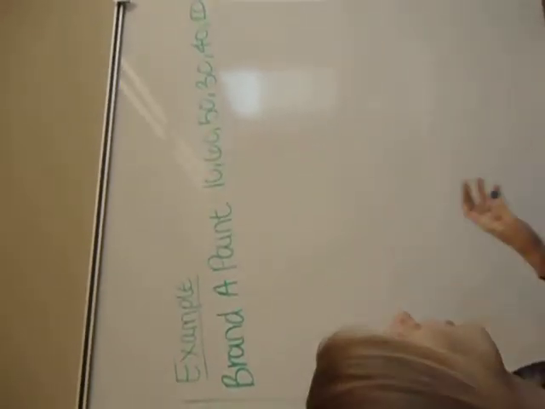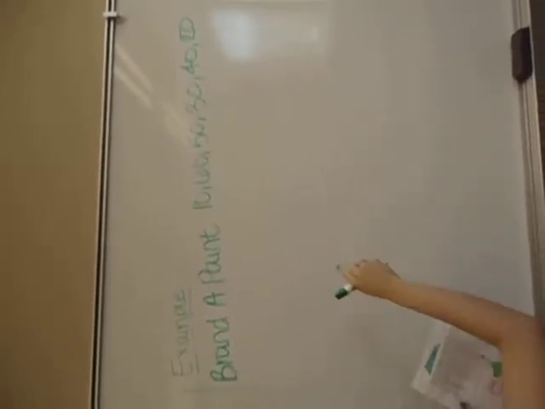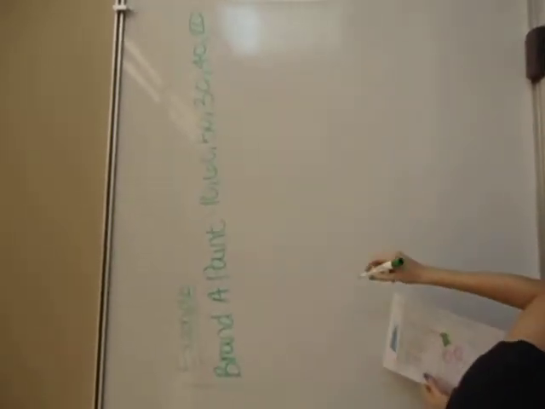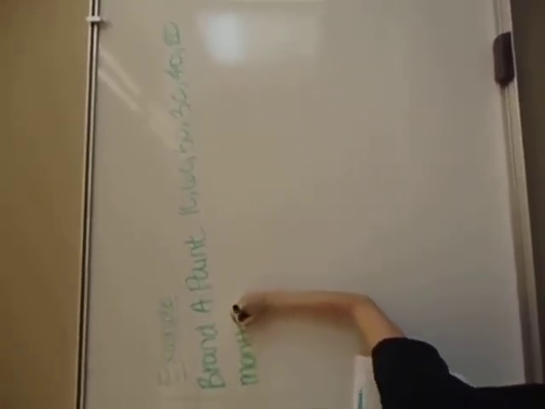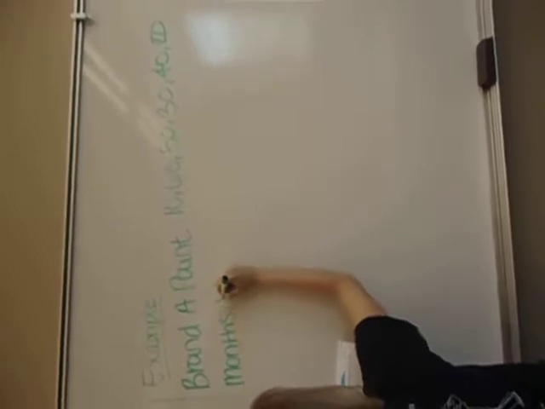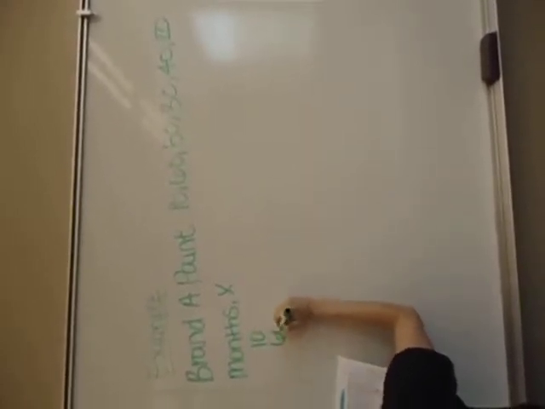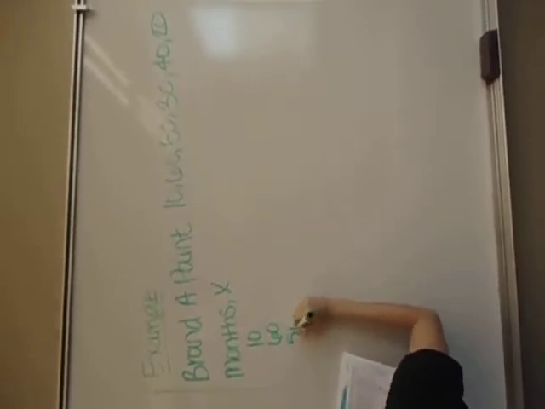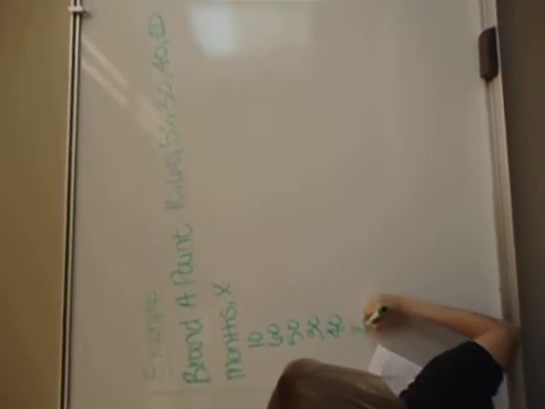Since this is more numbers, we are going to create a chart. And these are the months. Months is also going to be the variable x. And so we're going to have 10, 60, 50, 30, 40, and 20.